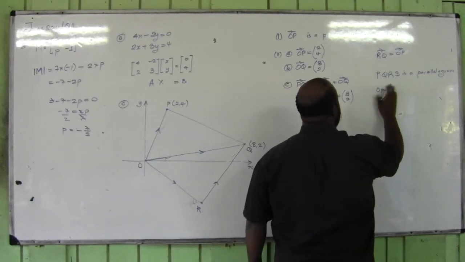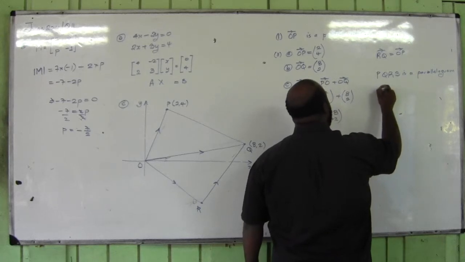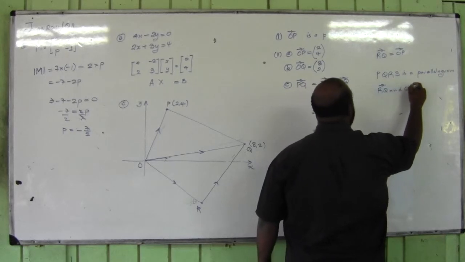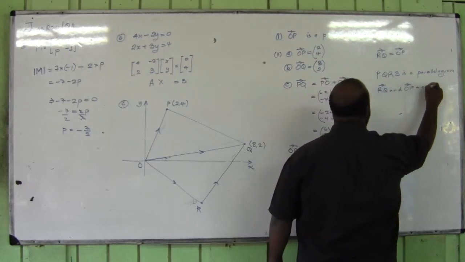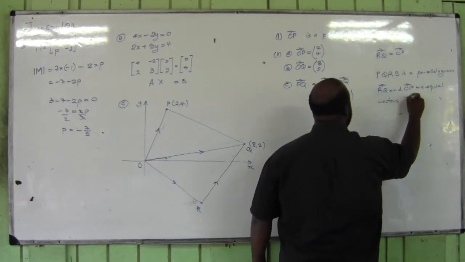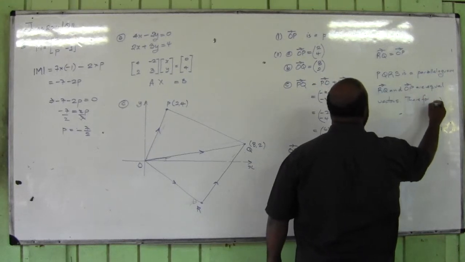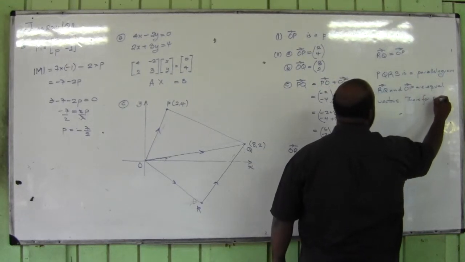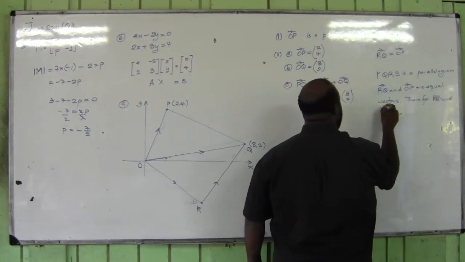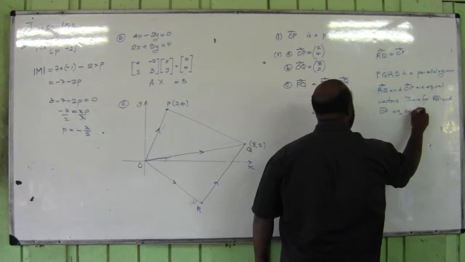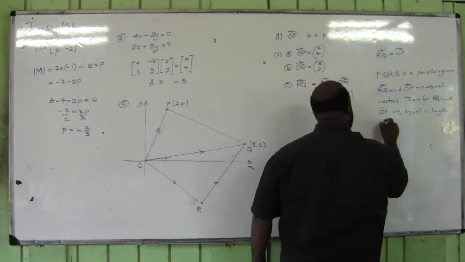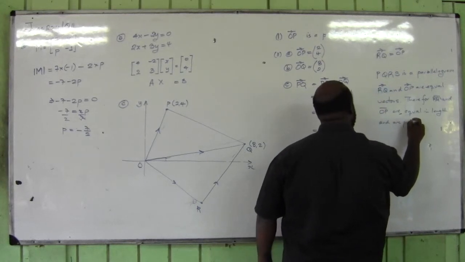RQ and OP are equal vectors. Therefore, RQ and OP are equal in length and are parallel.